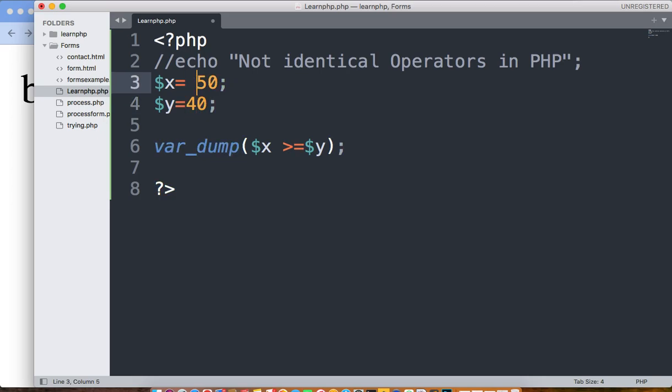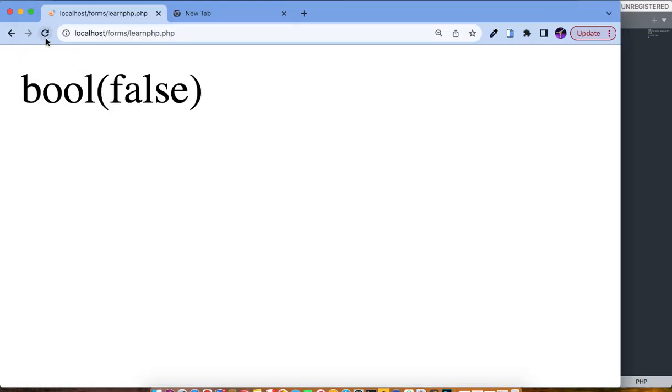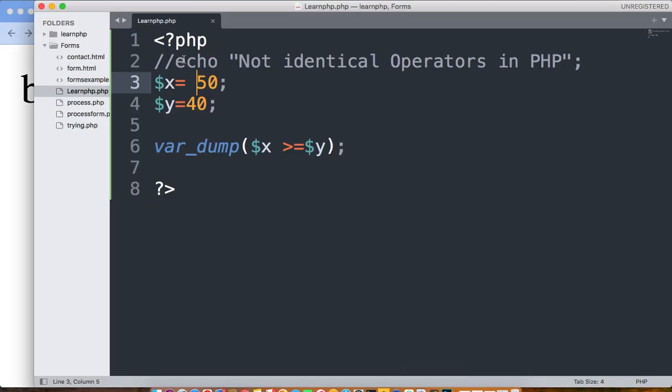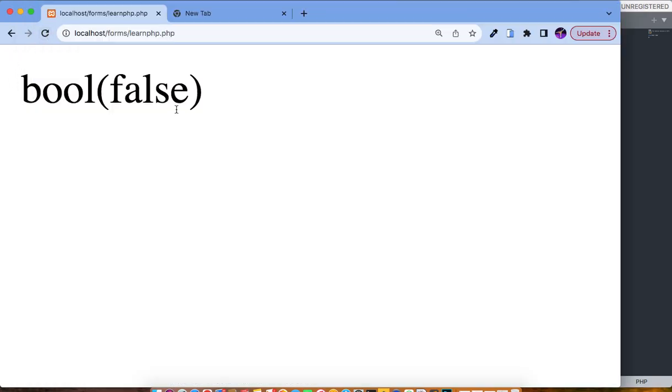So this one returns true if x is greater than or equal to y. And if x is not greater than or equal to y, it will give us false. Are we there?